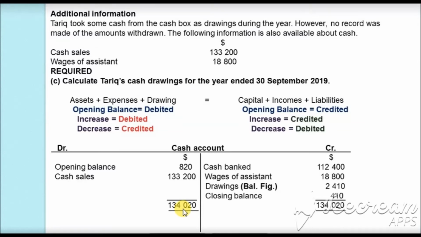After that, we will subtract cash banked, wages and the closing balance from $134,020. We will get the value as $2,410, and this will be the cash drawings, the balancing figure. After this, we total up both the sides, and thus we have calculated the cash drawings.